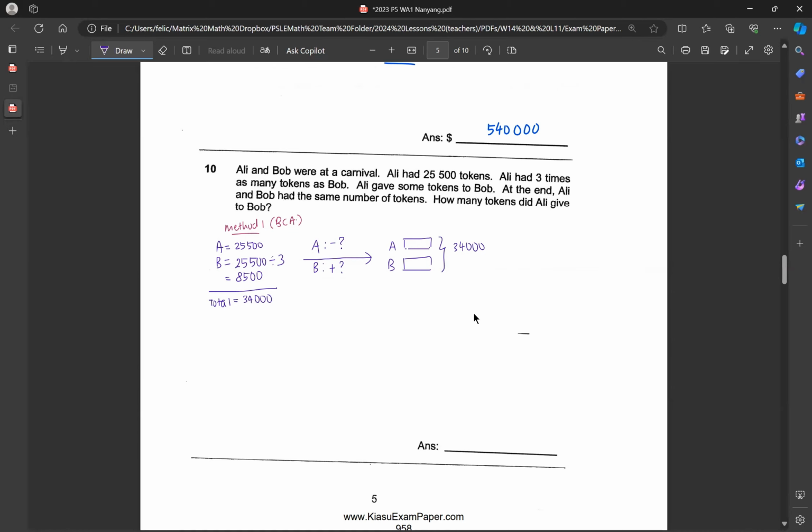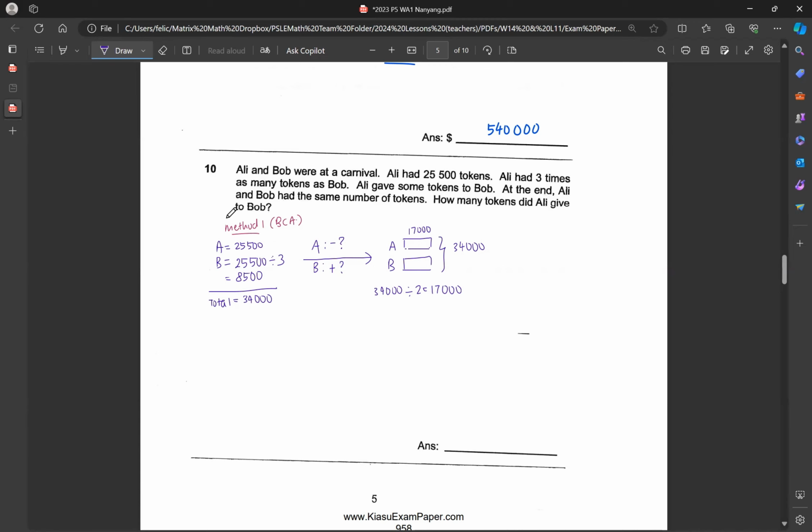Based on this model, notice that now we can find out what's the value of 1 unit. So simply divide by 2. That means it's 17,000. So this will be 17,000. Then from here, you can simply use any one guy to find out how many Ali gave to Bob.